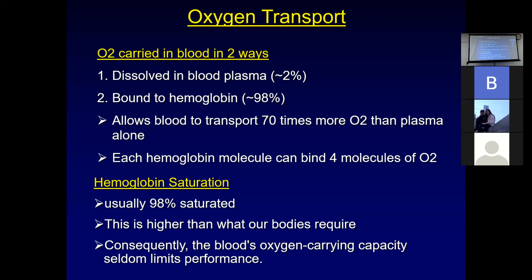So if you have normal pulmonary function, so you don't have asthma or COPD, and you've not gone to a very high altitude where there is less air and therefore less oxygen concentration, then typically hemoglobin in a normal person is going to be somewhere between 95 and 98% saturated.